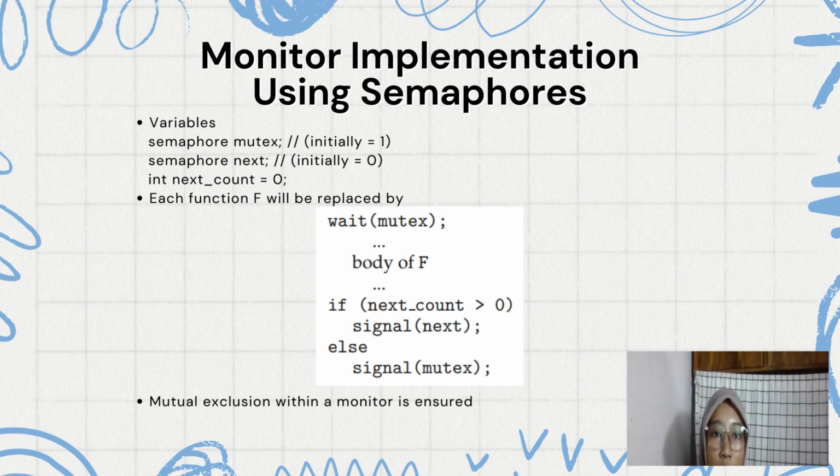The monitor implementation using semaphores. The variables are: semaphore mutex initially 1, semaphore next initially 0, and integer next_count equal to 0. Each function F will be replaced by that code, and mutual exclusion within a monitor is ensured.